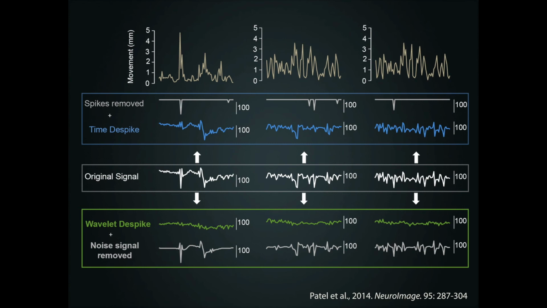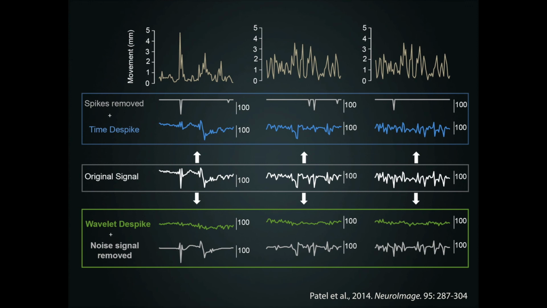In this figure, I compare the output of wavelet despiking, which is seen at the bottom, with the output of a temporal despiking algorithm, which is shown in blue, and has been published and used for removing motion artifacts in the past as part of the AFNI software. Now, this is by no means the only algorithm for despiking time series in the literature, but it provides a useful comparator here to wavelet despiking because it attempts to achieve the same goal.